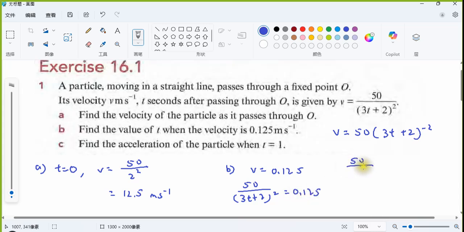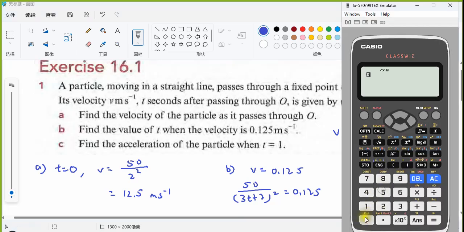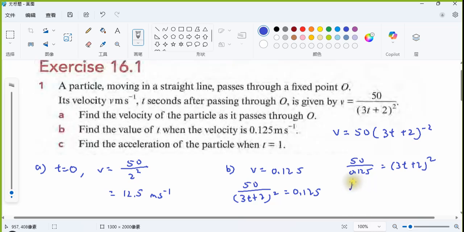So we have 50 over 0.125 equal to (3t plus 2) squared. 50 divided by 0.125 is 400. The square root of 400 is 20. So we have the square root of 400 equal to 3t plus 2.